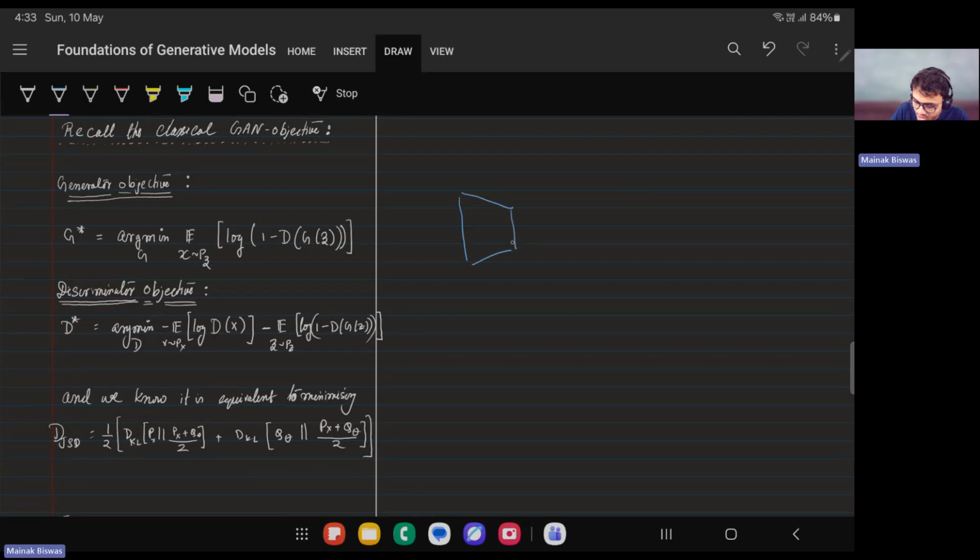So there's this generator function which takes in a value of z from a standard distribution and outputs x fake, belonging to q theta. And then you have this x being sampled from p_x, and you pass these two together to a discriminator D, which gives real or fake.